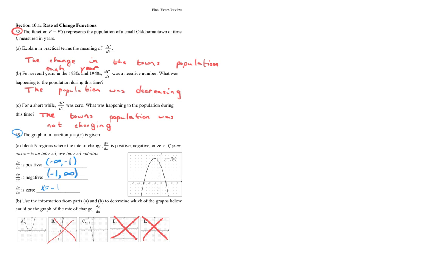So next we look to the right of x equals negative 1. So over here, we should expect it to be negative based on what we said here. So we notice this here is negative, so C is good. If we look at A, to the right of negative 1, we're positive again, which does not line up with what we were expecting. So A is out, which means that our answer is going to be C.